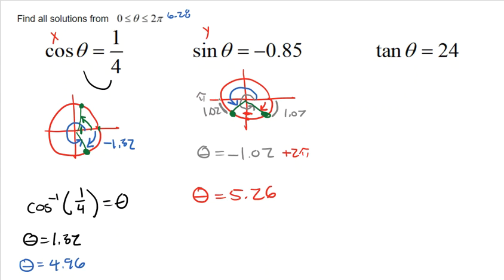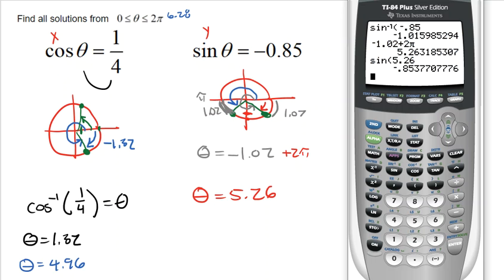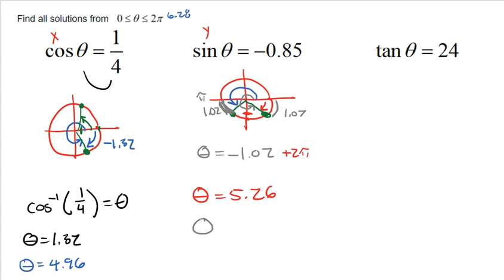And I'm going to add that extra 1.02 that's going to get me to where I want to go. So again, now I'm going to take pi plus the 1.02, and I get 4.16. Again, why not take a second to do sine of 4.16 to confirm that we get something, again, not exact because of rounding, but pretty darn close to negative 0.85. So my second answer is positive 4.16.